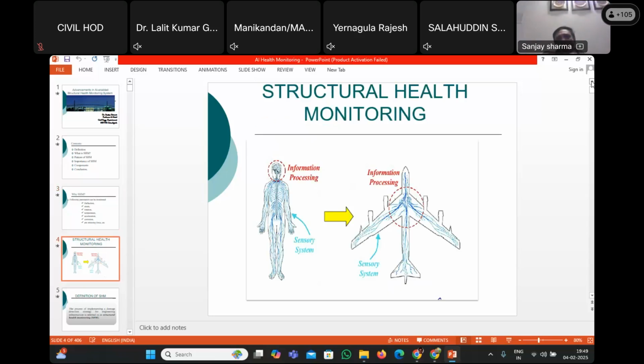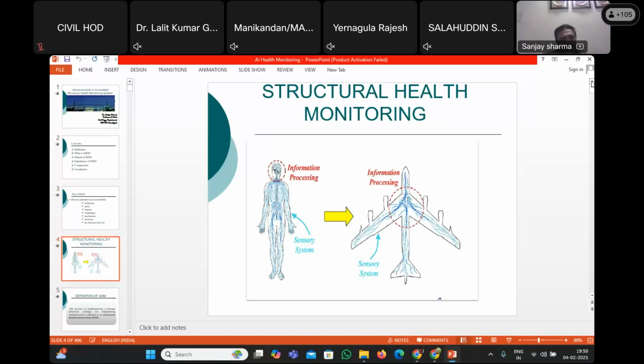I think the best example of a health monitoring system is the aeroplane. There, all the intelligence and information are available sitting at one place, and you are able to see what is happening. We need the same type of application in our structures also.